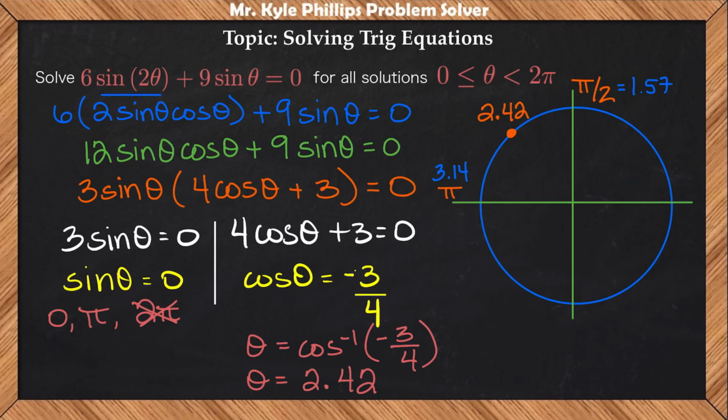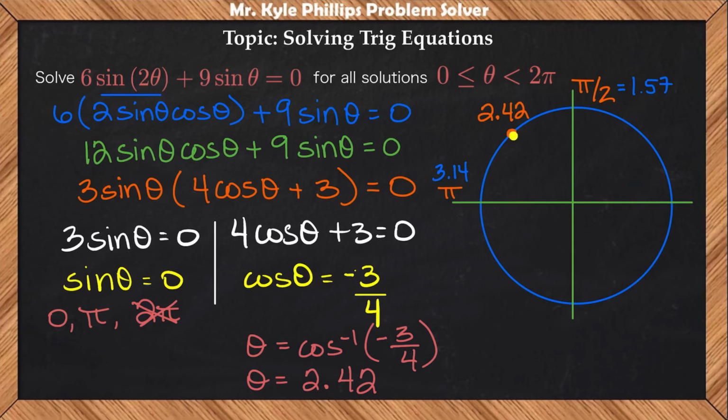Now, one thing that I want you to grasp during this video, 2.42 is not the x value. 2.42 is the radian. Now, remember, radians is like a distance. So imagine if I started here and walked this distance. I've walked or traveled 2.42 radians. So don't think of this as an x value, because if you do, you'll try to make this negative, and that's not right.